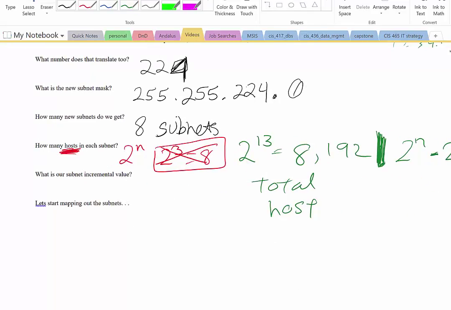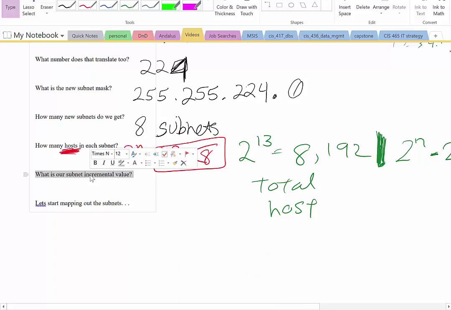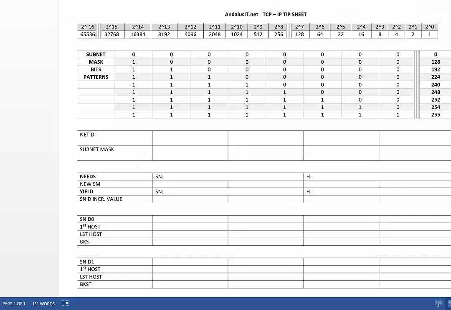What is our subnet incremental value? The way that you figure that out is looking back up at the TCP/IP cheat sheet.